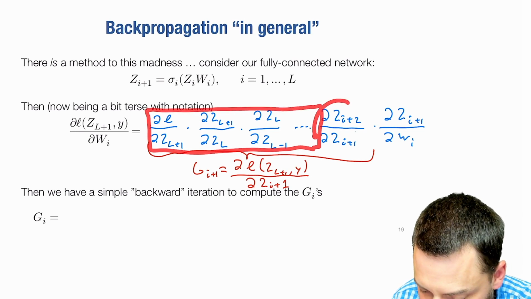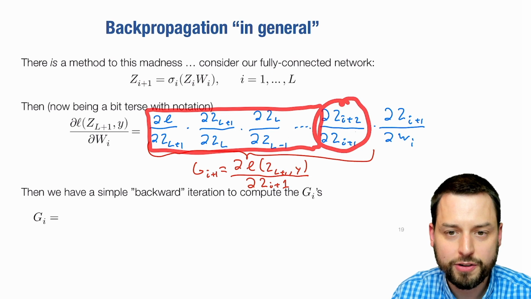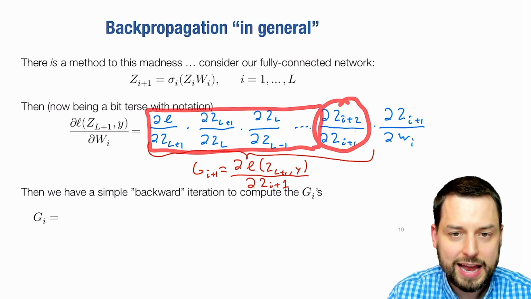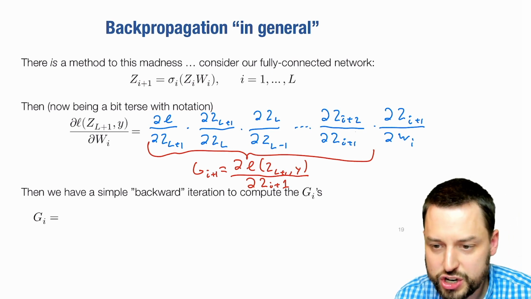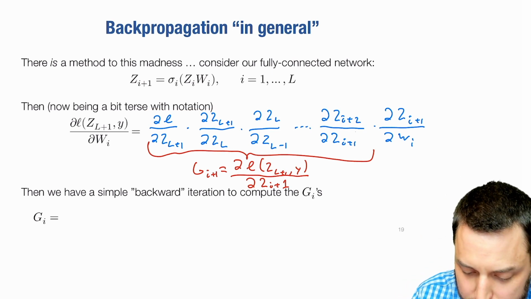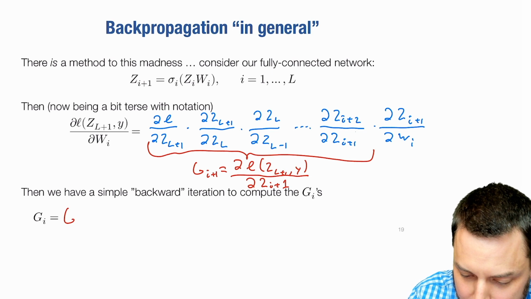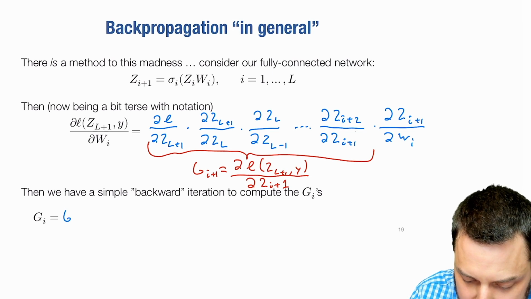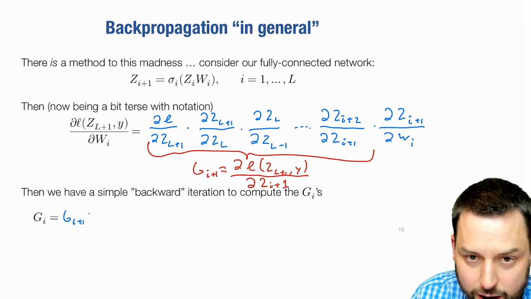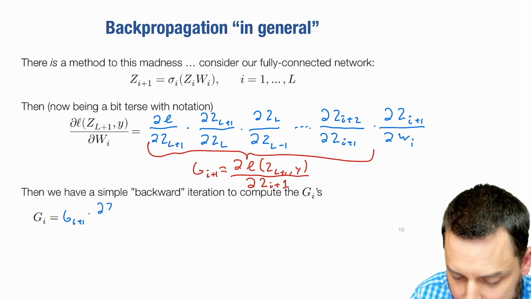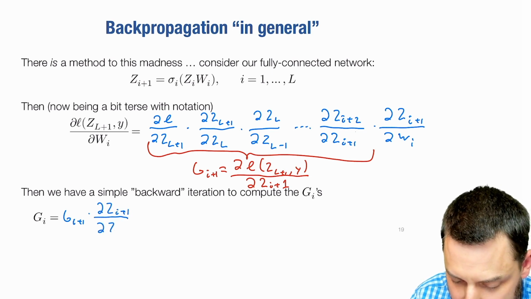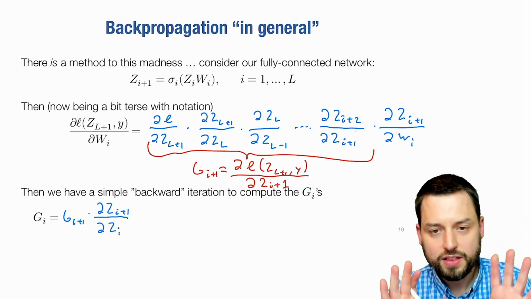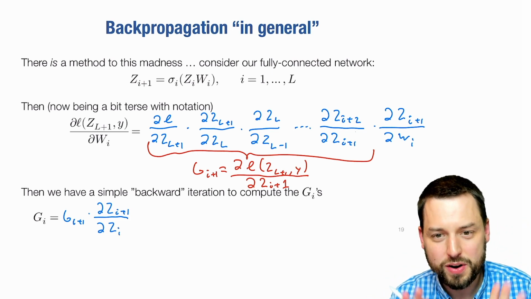And then to compute GI, you just multiply by this last term here as well. And the way we can write this formally is to say that GI is equal to GI plus 1 times the partial derivative of ZI plus 1 with respect to ZI.